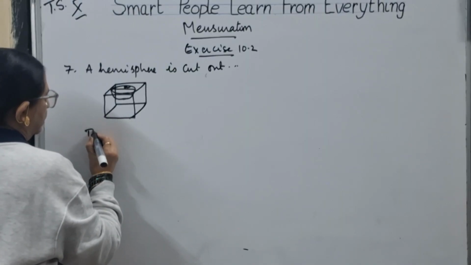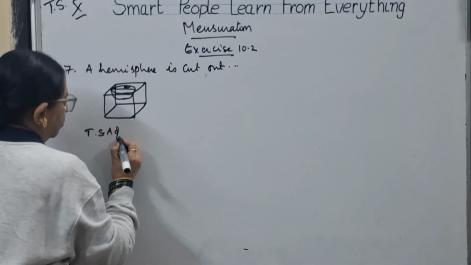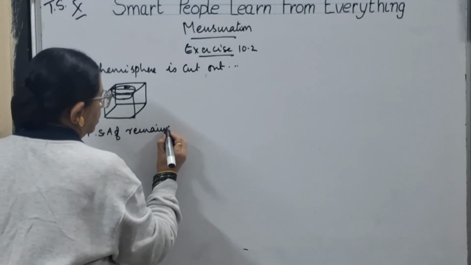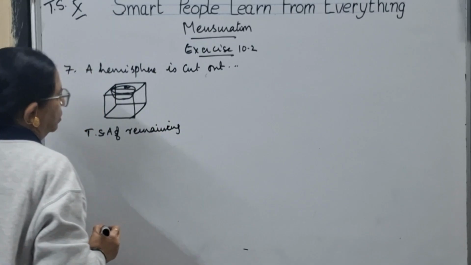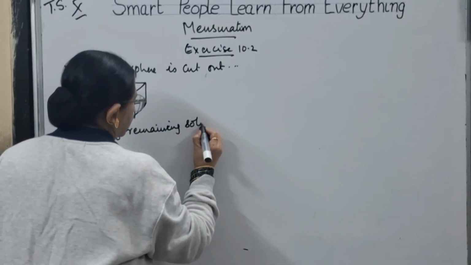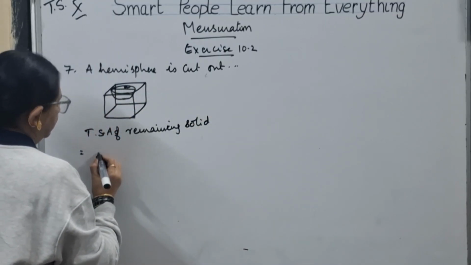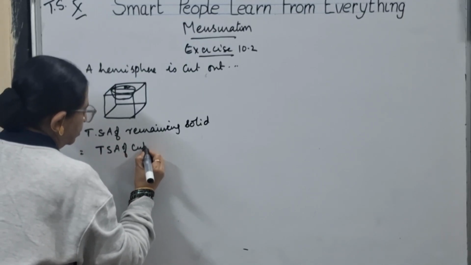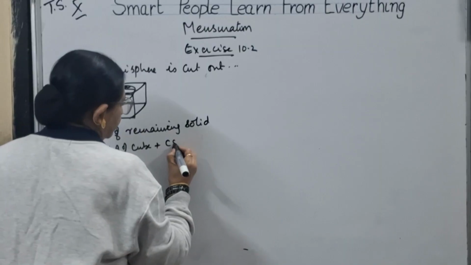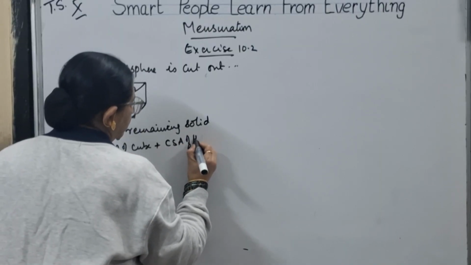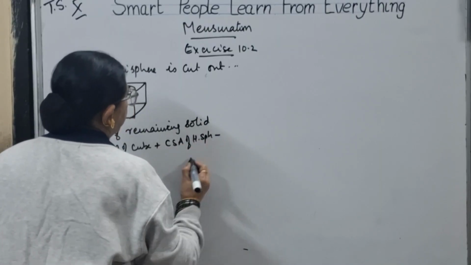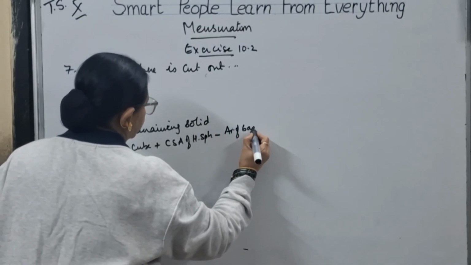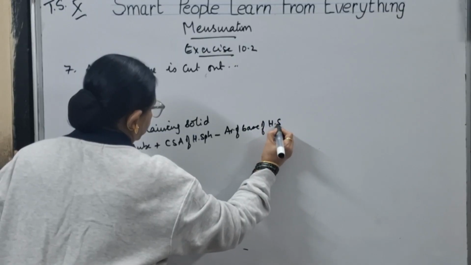So TSA of remaining solid. This is nothing but TSA of cube plus CSA of hemisphere minus area of base of hemisphere.